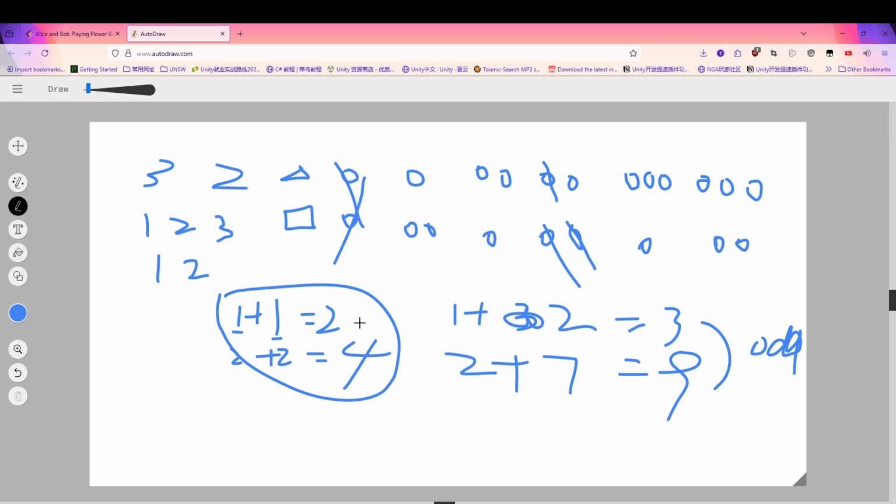So how do we count odd numbers and even numbers in a range, like 1, 2, 3, 4, 5, or 1, 2, 3, like here?